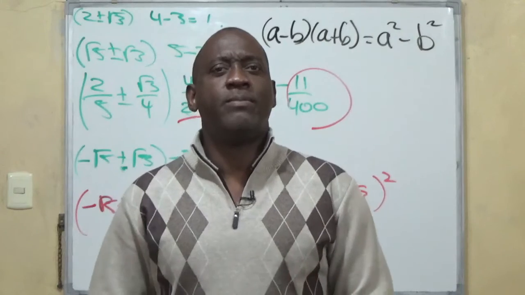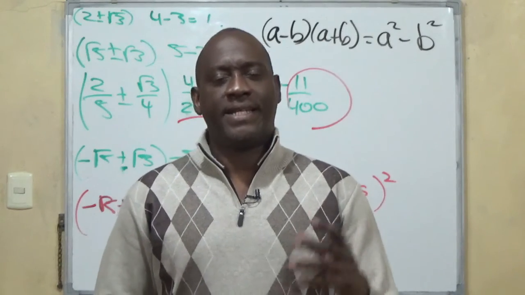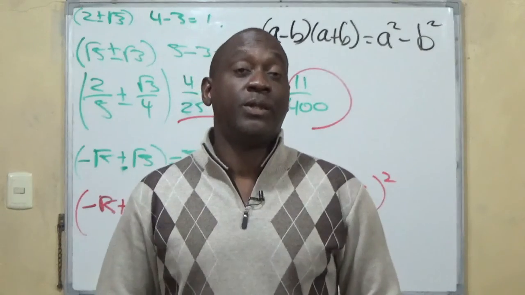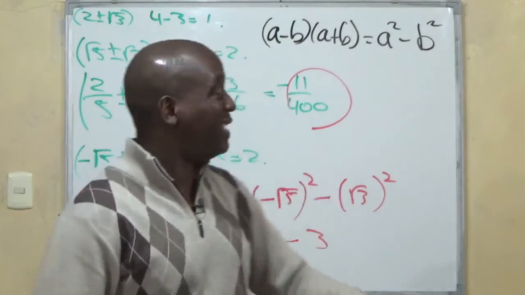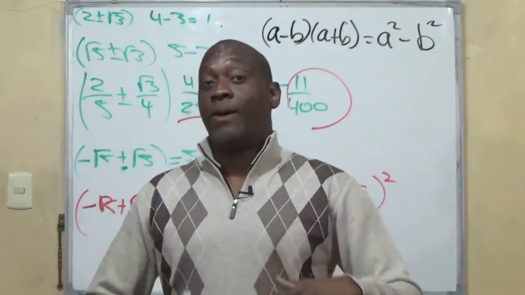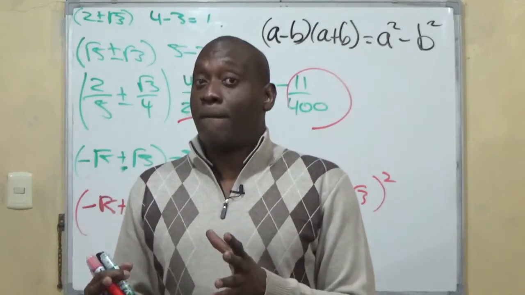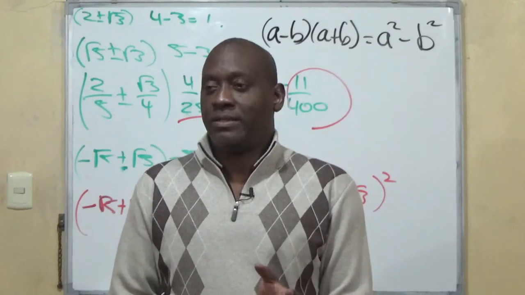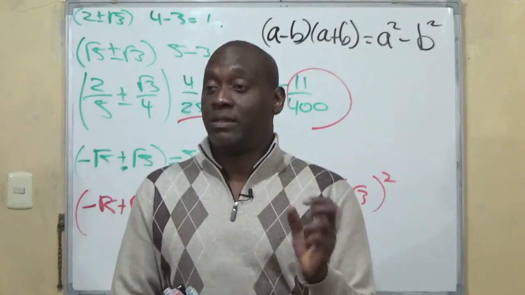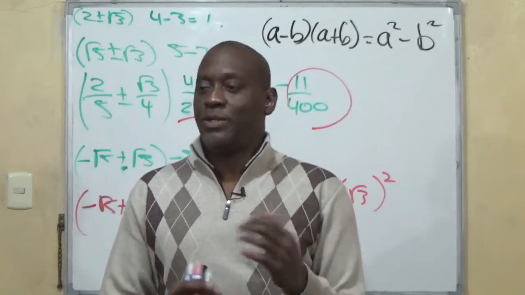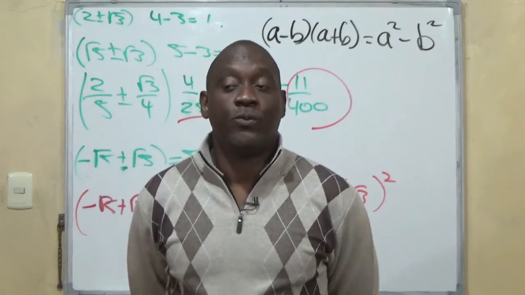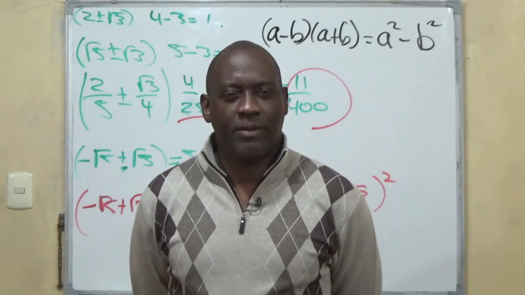Now we're in a position to get to the last step in this discussion of surds, where we will actually utilize this to conjugate surds, where we have binomial compound surds appearing in the denominator or in both the numerator and the denominator. Alright? So, check it out. Coming up in the next video.